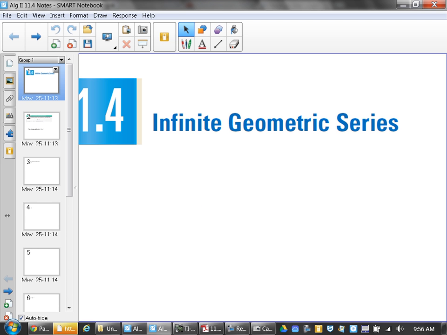What's half of 4? 2. What's after that? 1. What's after that? 1/2, 1/4. Isn't it always continuously getting smaller and smaller? You're always going to get infinitely closer and closer, but you still can get closer.